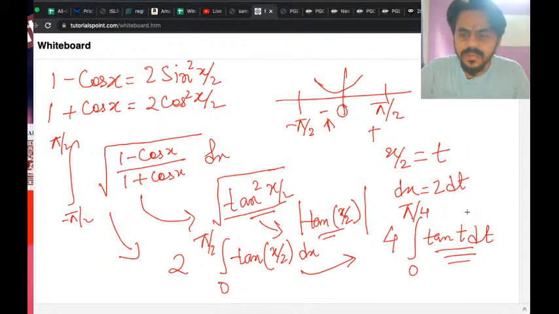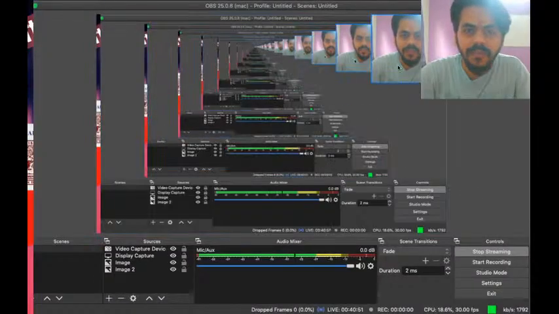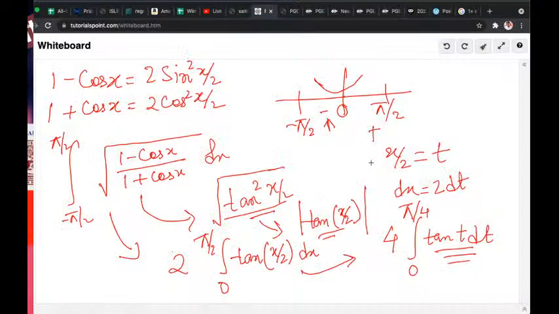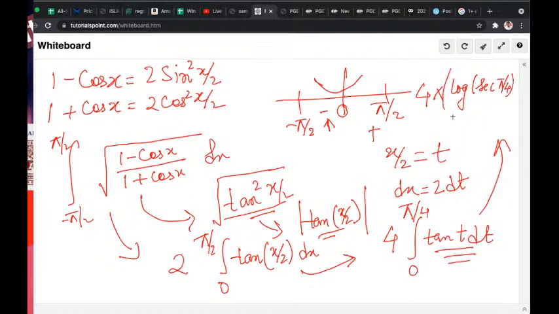Let me erase a few things. Rather, what I can do is let me hide my camera for a while. That will give us more screen. Yeah. So this will change to 4 into log of sec pi by 4 minus log of sec 0.